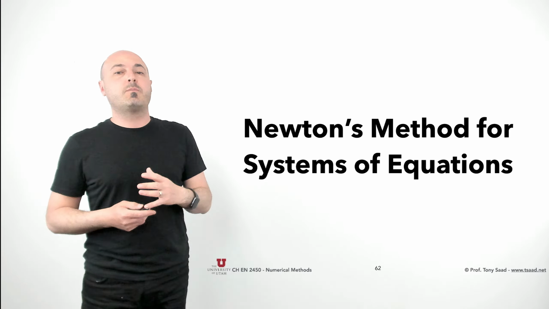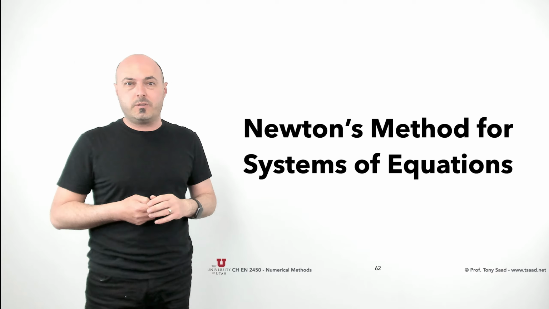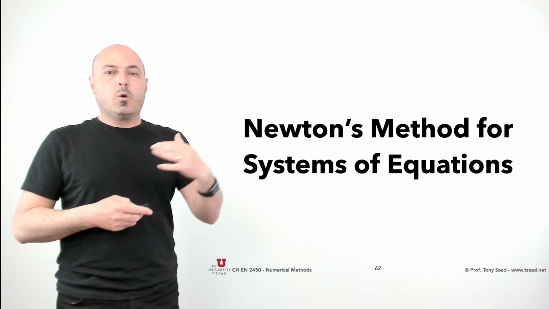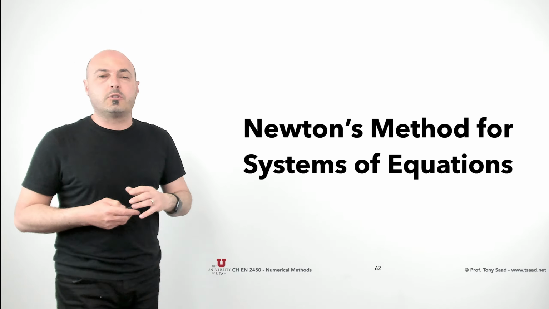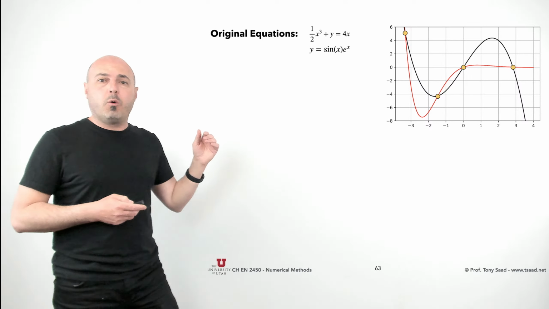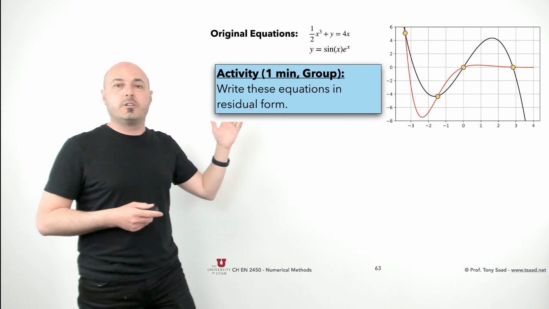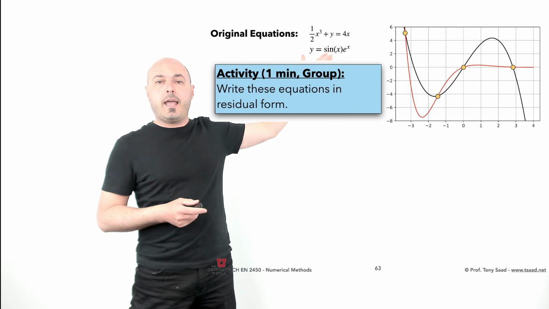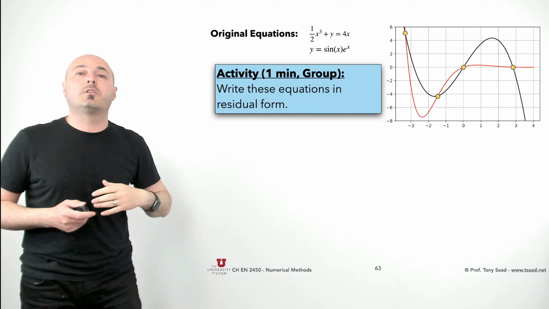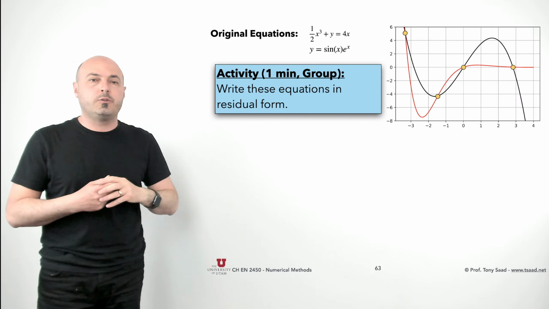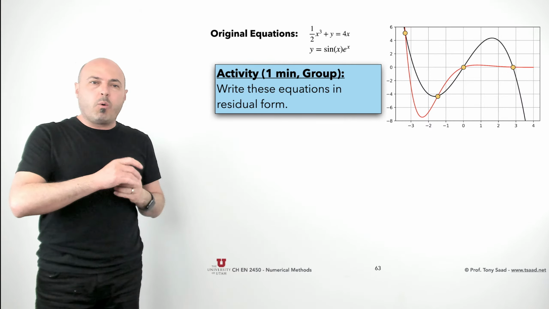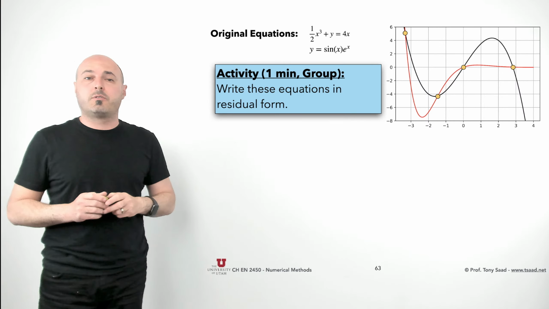Now we're going to take Newton's method and apply it to systems of equations. I'm going to guide you through this one step at a time, and we're going to try to do it together. Just like we did last time with a single equation, I want you to take a moment and write those two equations in residual form. I'll wait here on YouTube because we're running out of time, but I want you to try to write those in residual form.